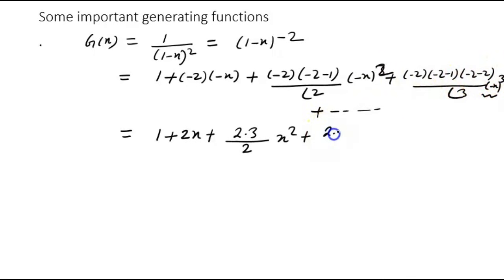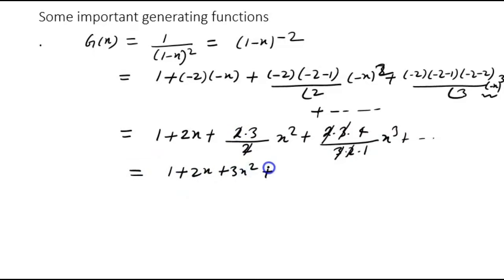So I am getting here 2 into 3 into 4, and factorial 3 is 3 into 2 into 1, x cube, and so on. You can see that this 2 into 3 cancels, and here this 2 cancels. So we are getting the sequence 1 + 2x + 3x² + 4x³, and so on.